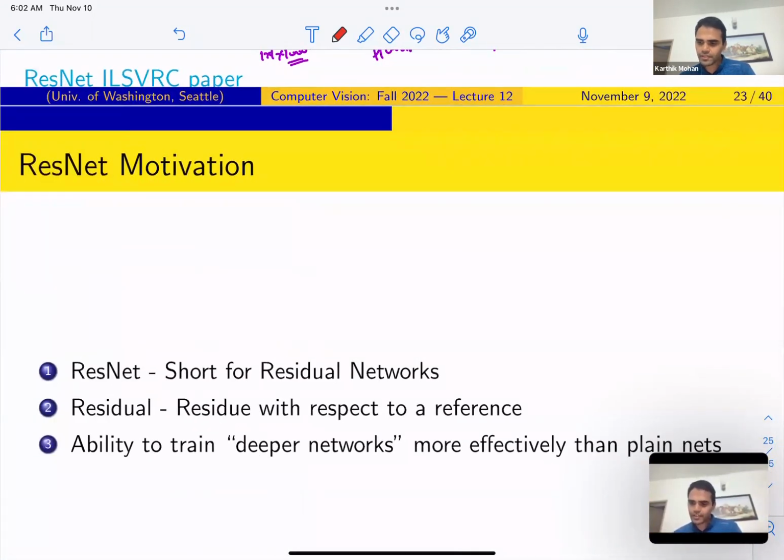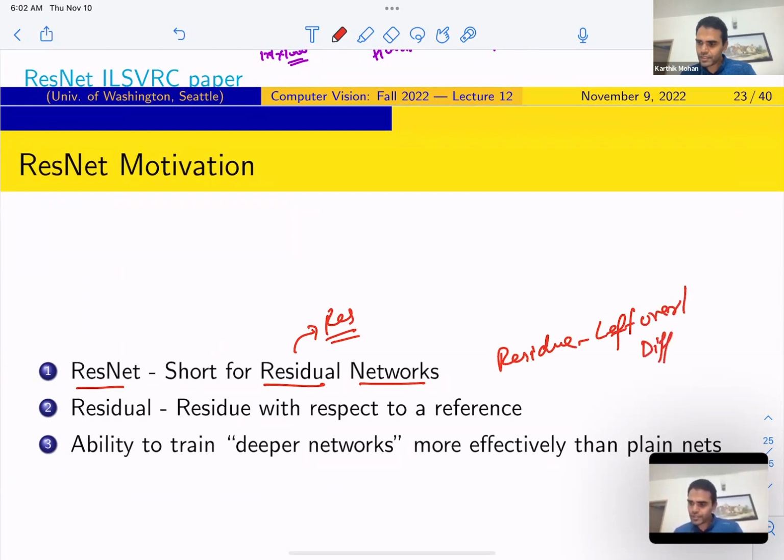So ResNet stands for residual networks. So res is basically residual. And what is residual? Residual means something left over, right? So residue is like leftover or like difference. So it's a residue with respect to a reference.